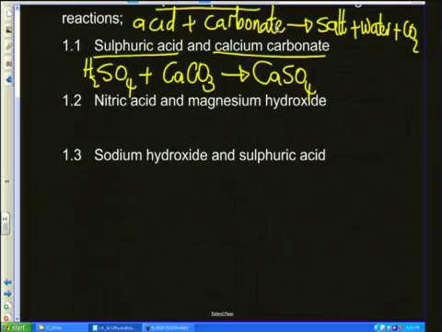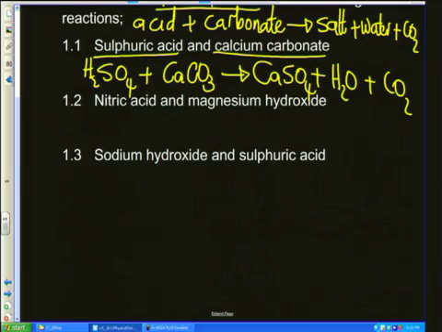I don't have a subscript for calcium because it's 2 plus and 2 minus. 2 plus from calcium, 2 minus from the sulfate ion, plus water, plus carbon dioxide.